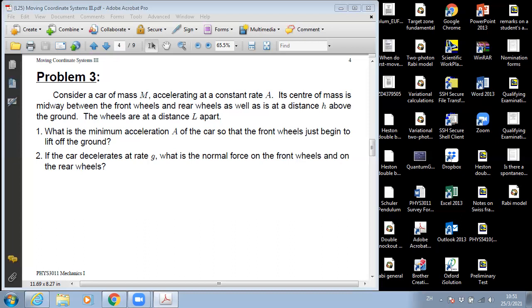When the front wheels just begin to lift off the ground, the normal reaction at the front wheel will become zero, right?